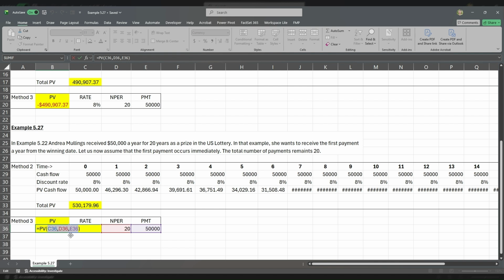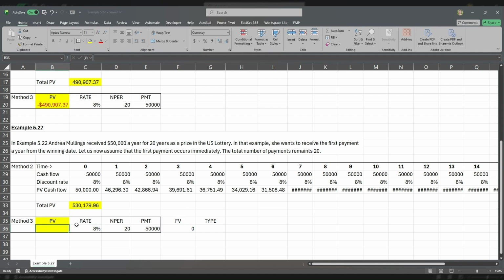By default, the future value is going to be 0. If it's not going to be 0, you need to put it in. And the type, by default, is always at the end of the period. But what we can do is just add those in. So I'll say FV and type here. And I'm going to put 0 as the FV.